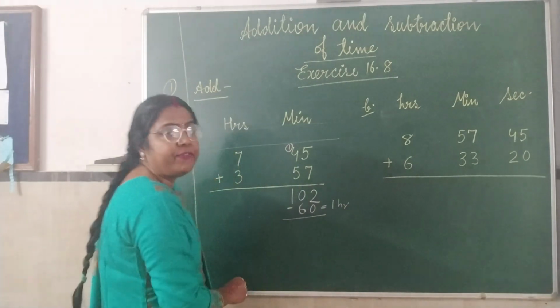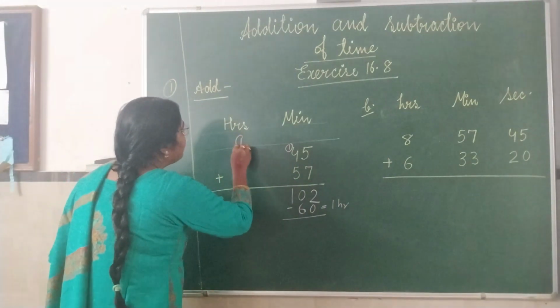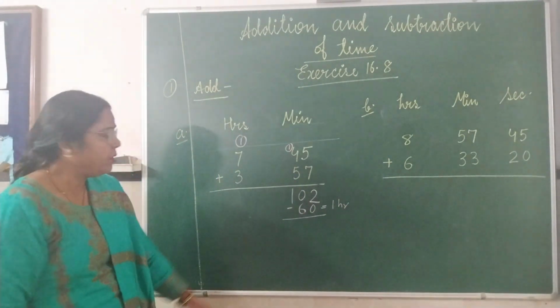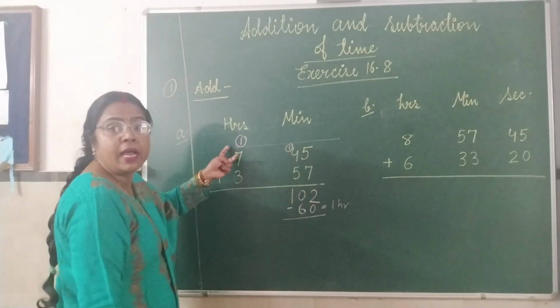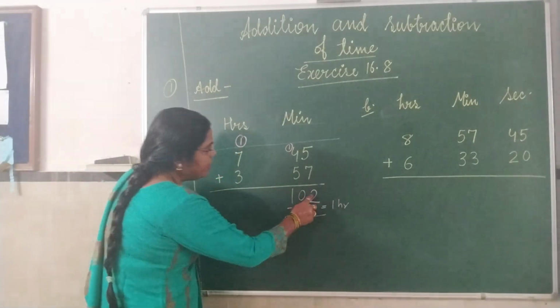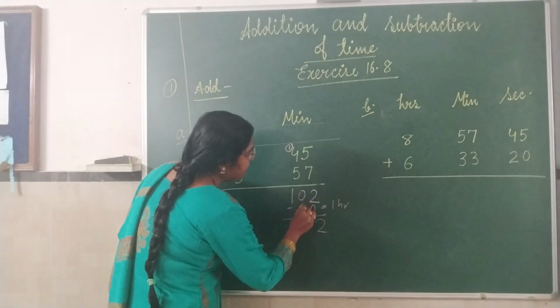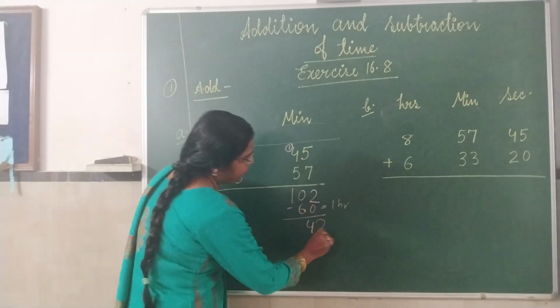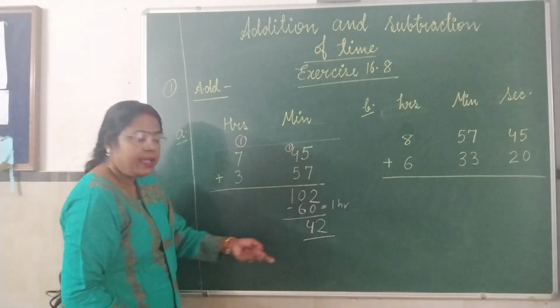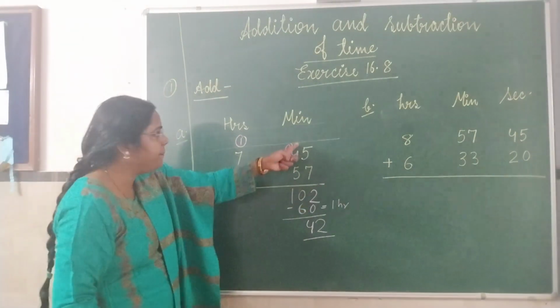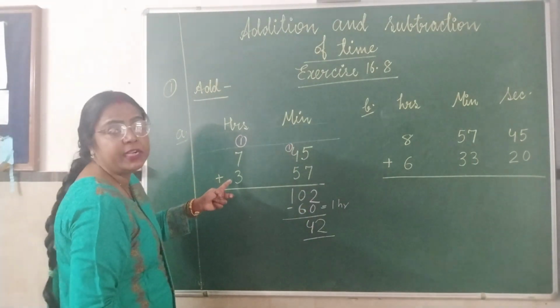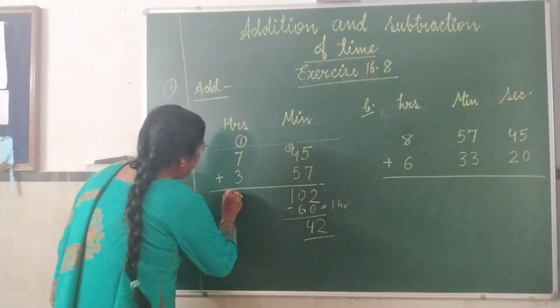And where will this 1 hour go? It will be carried forward to the 1. So this 1 hour is carried forward. Now when we subtract, 2 minus 0 is 2. 10 minus 6 is 4. Okay, so this is 42 minutes. And 7 plus 3, 10 plus 1, 11.